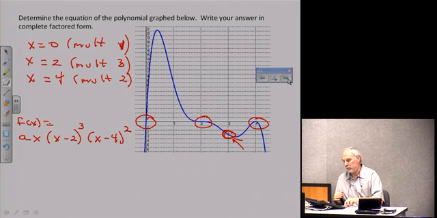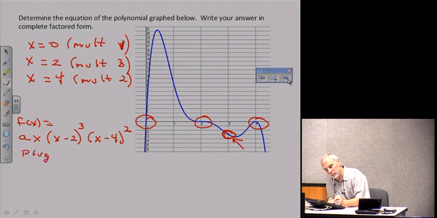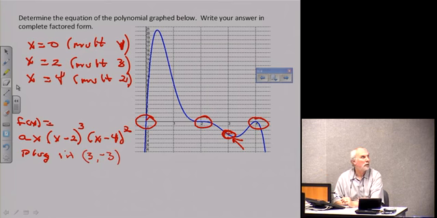So I'll use that one. Coordinates to that point are 3, negative 3. When x is 3, y is negative 3.